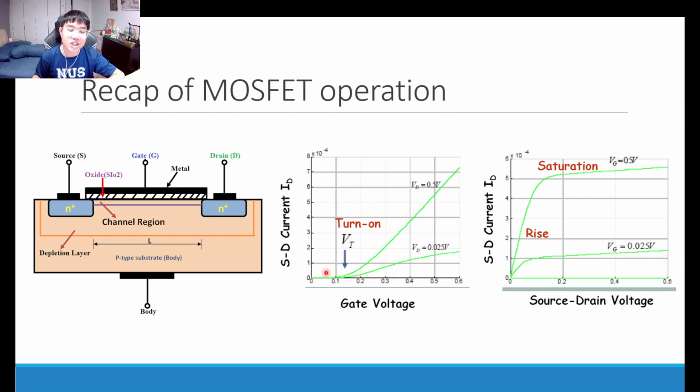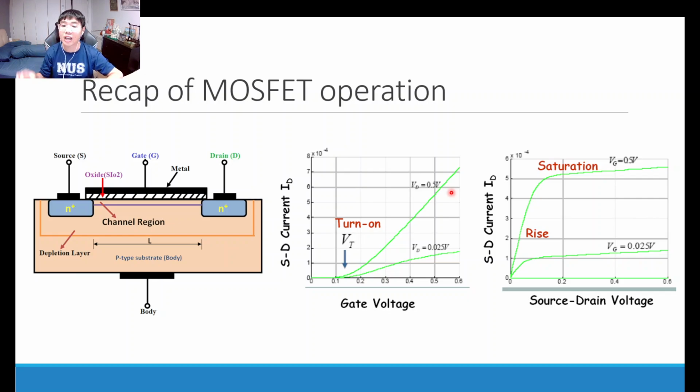When gate voltage is higher than the threshold voltage, the channel is formed and current is able to flow from the source to the drain. And the larger the gate voltage, the wider, or you can say the deeper, the channel region will be formed, and therefore increasing the current carrying capability of the channel region. Therefore the source to drain current will increase as gate voltage increases.